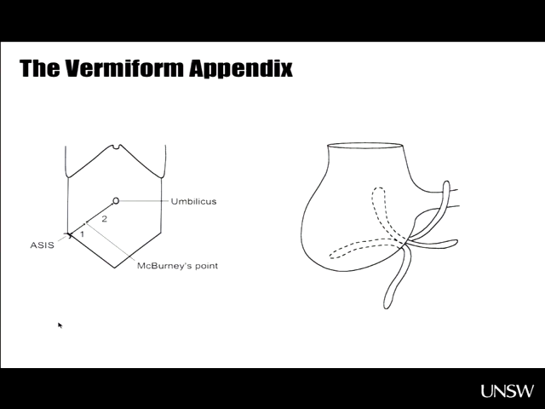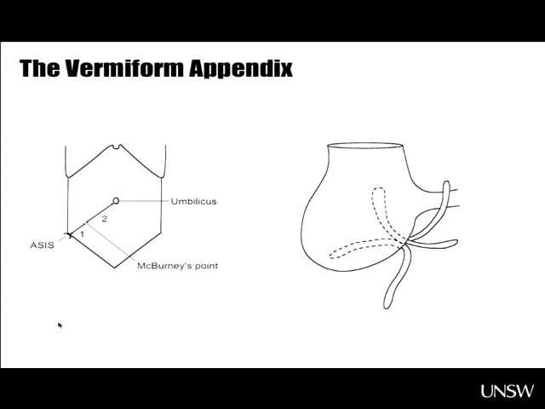So this is meant to be a surface marking for where the appendix comes into and joins the cecum. And it's a fairly constant position there. Having said that, while the point of the junction between the appendix and the cecum is relatively fixed and can be defined quite neatly by McBurney's point, the position of the appendix can be in about 5 or 6 different ways.